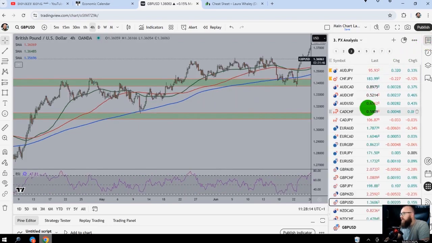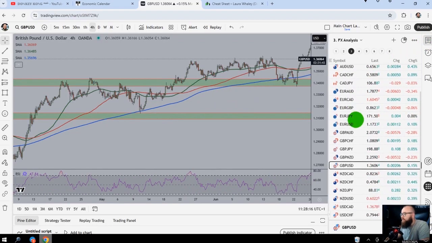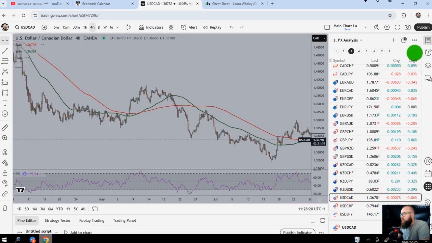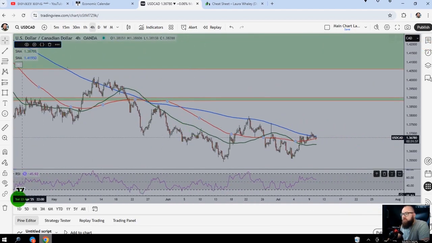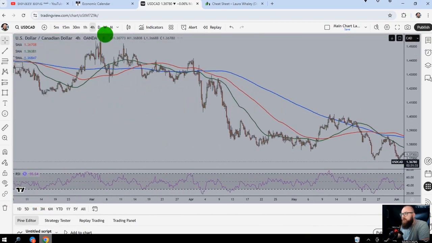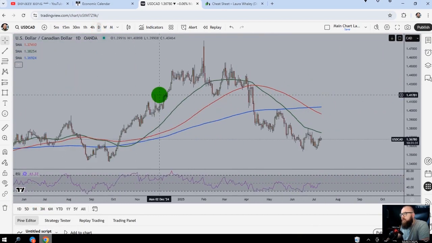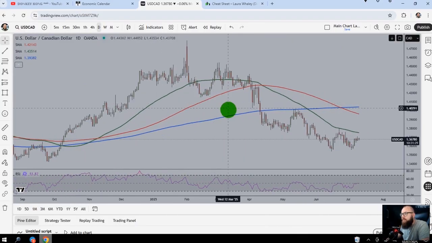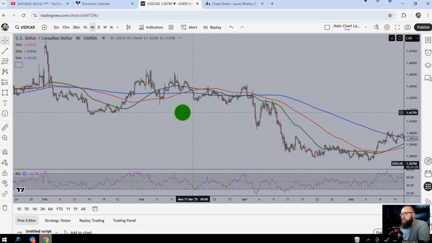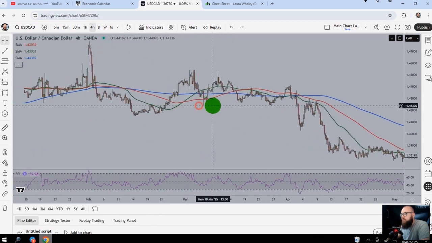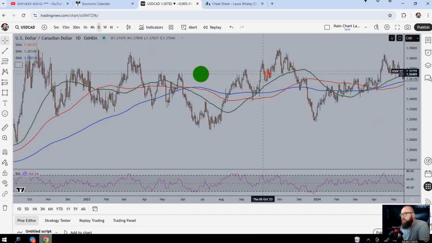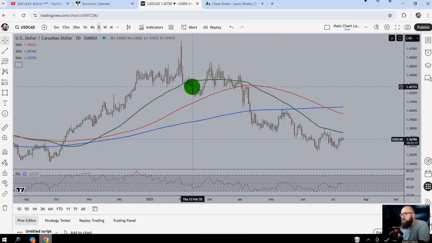Okay, which pairs are downtrending? The dollar. Okay, so let's have a look at some dollar charts, so we can spot a downtrend and spot any patterns. Okay. So nice clear downtrend here on the 4 hour. It's really a daily trend.